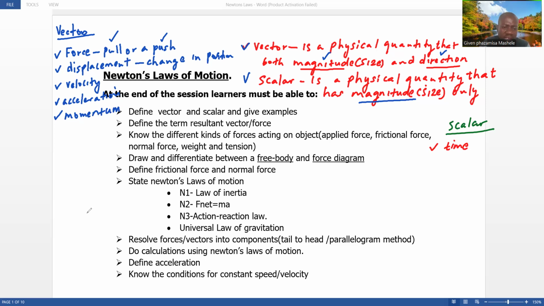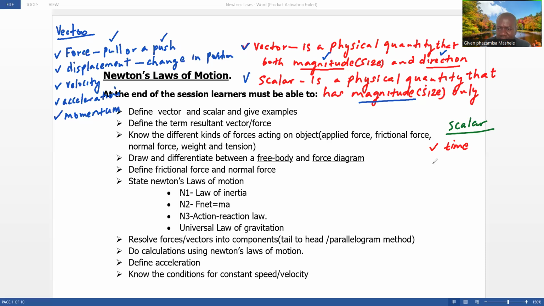For example, if we say it's 12 o'clock upwards or right, it does not make sense. So time is an example of a scalar because it has magnitude only.